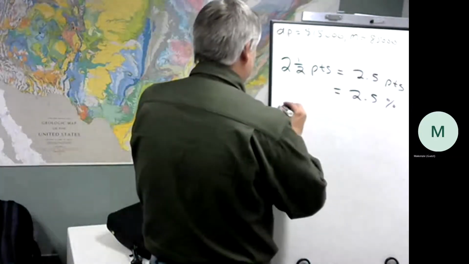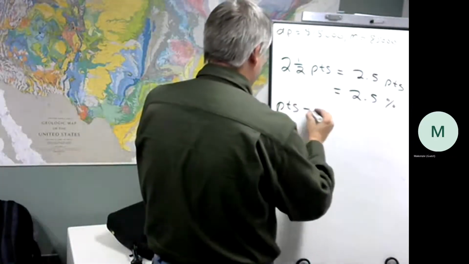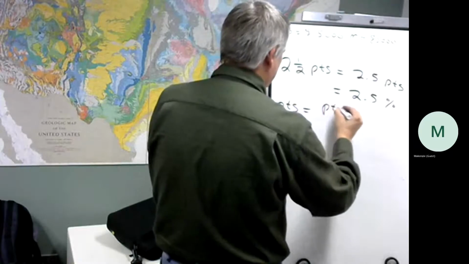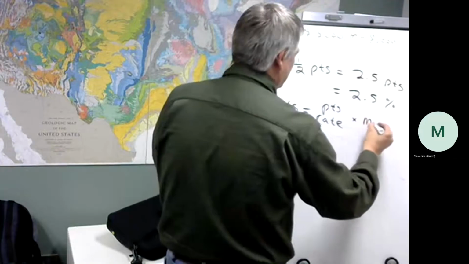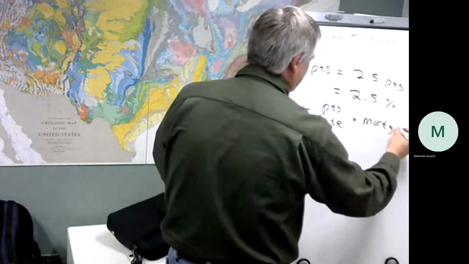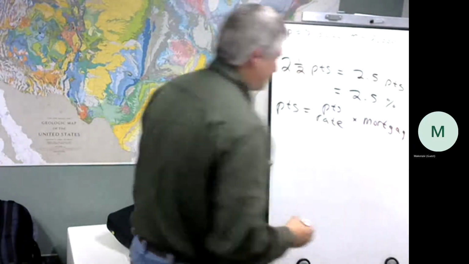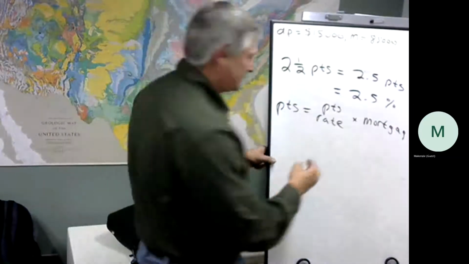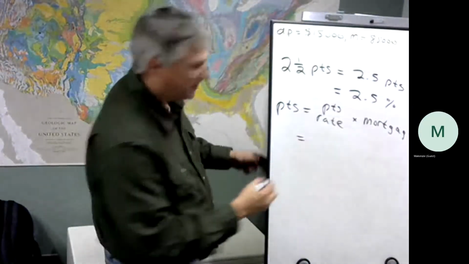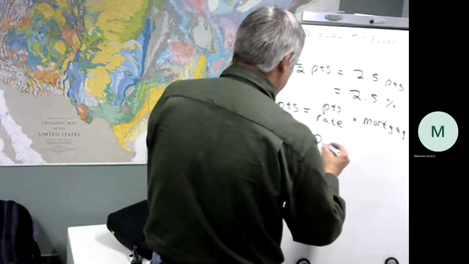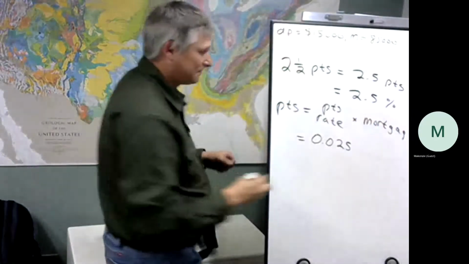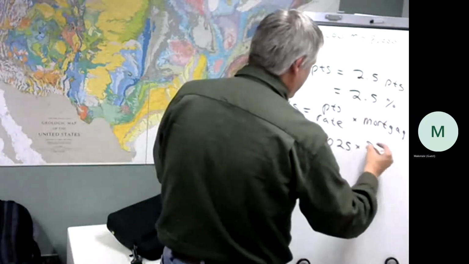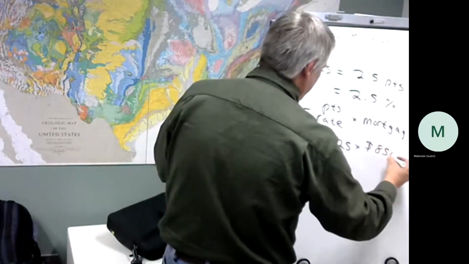So to get the points, it'll be the points rate times the mortgage. Or in this case, be sure you can see that, 0.025, again, we have to divide that by 100, times the 85,000.